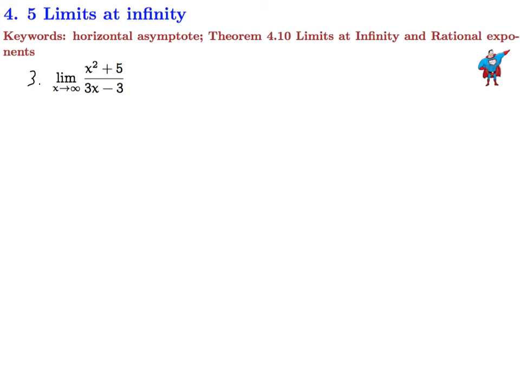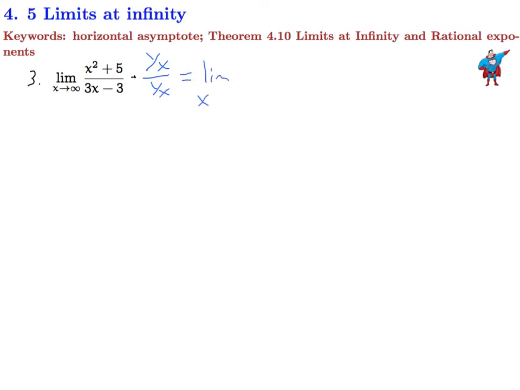And as a last example, let's look at this limit. Let's take the limit as x approaches infinity of x squared plus 5 all over 3x minus 3. In this case, we're going to do a bit of a cheat. What we're going to do instead is only multiply by 1 over x over 1 over x.